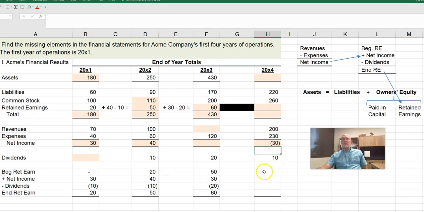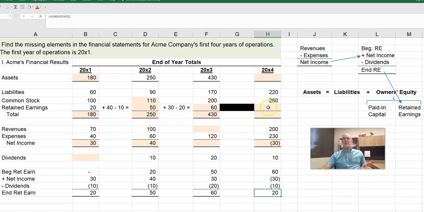So when we get over here to the statement of retained earnings, the beginning retained earnings, last year's ending, is 60, but then instead of adding net income, we're going to have to subtract that net loss of 30. And then we would still subtract the dividends of 10. So 60 minus 30 is 30, minus 10 brings us down to 20. So ending retained earnings is 20.